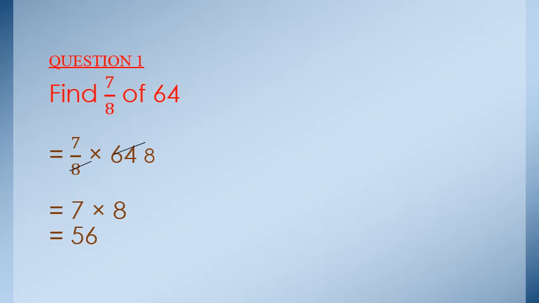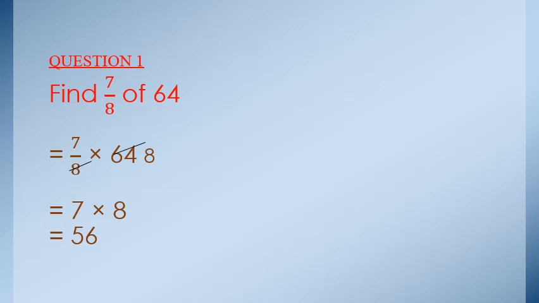But in this exercise we'll perform the questions which are based on both multiplying a fraction with a whole number as well as multiplying a fraction with another fraction. The only difference is here we'll deal with the fractions related to the money and measure.